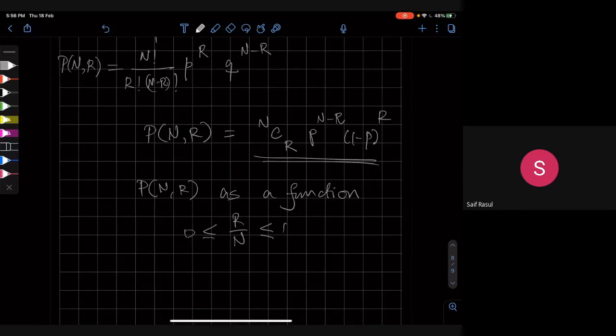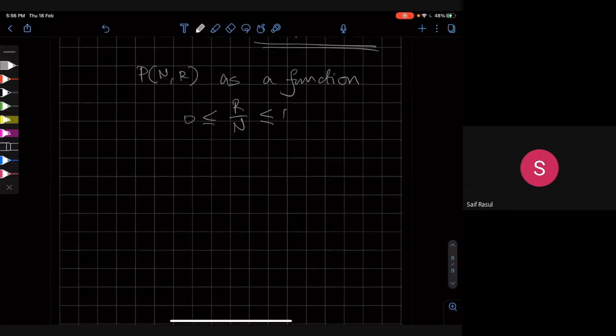This distribution looks very much like the Gaussian. It looks something like this, and the larger n is, the more narrow this becomes.